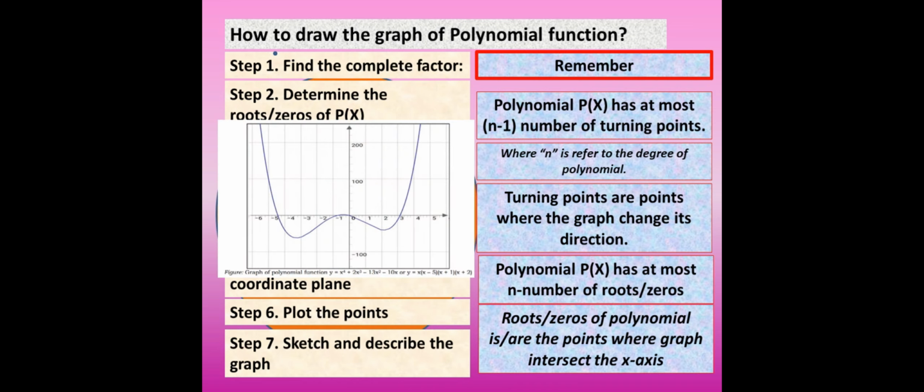In this graph, the graph comes down from the extreme left and goes up to the extreme right. Those are the zeros of the polynomial: negative 5, negative 1.5, 0, and 3.